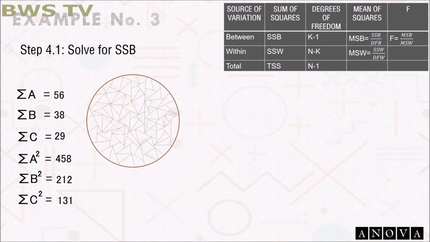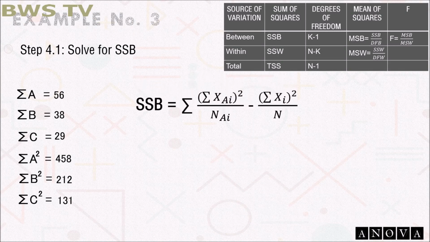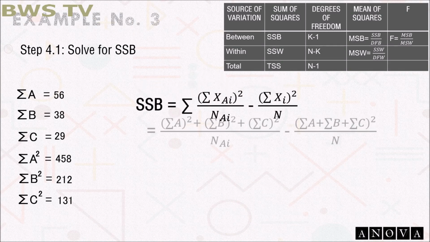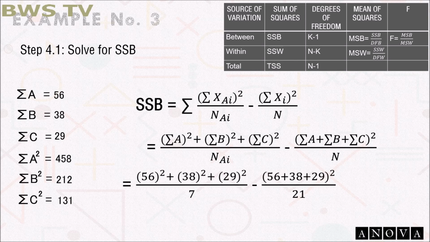So now we have to solve for SSB. Given this formula, or the expanded form, all we need to do is to substitute it with the summations we did earlier. Now this will be your substituted form.